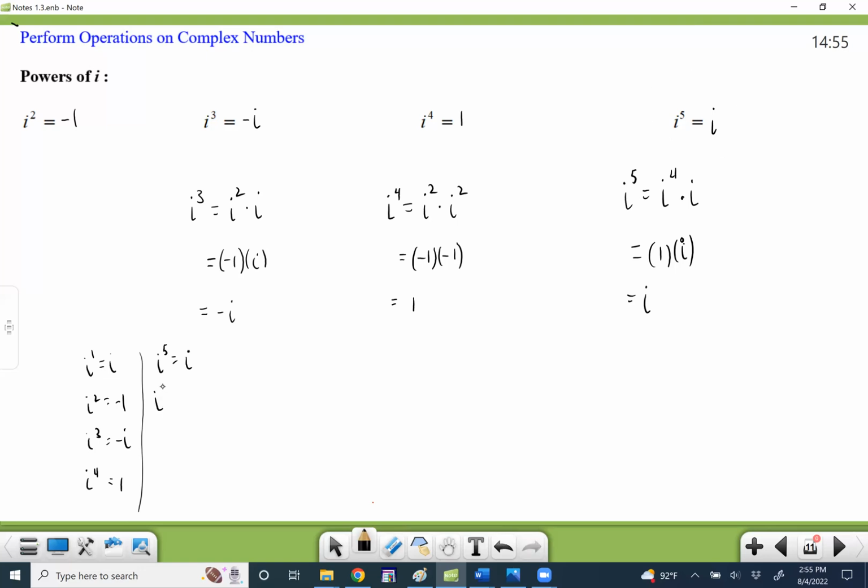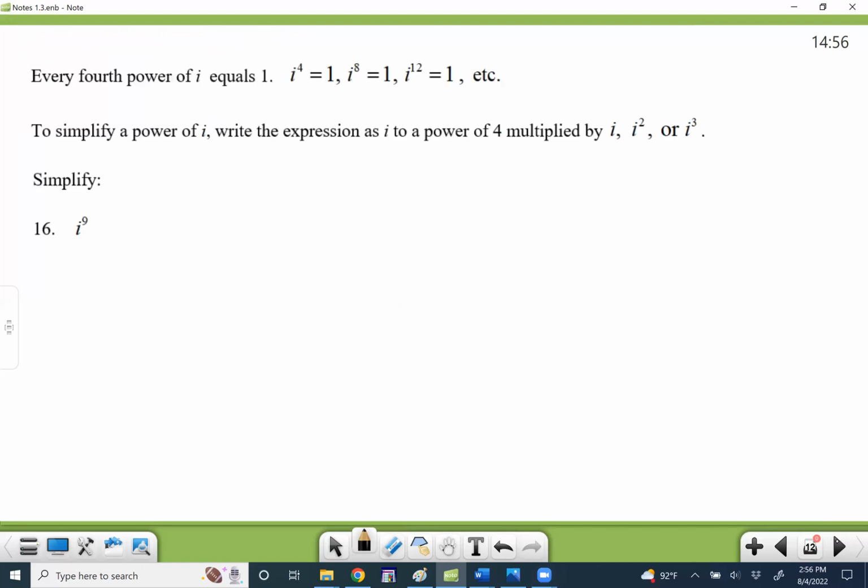And then if you look at i to the sixth, it's going to be negative 1. At i to the seventh, it's negative i. At i to the eighth, back to 1. And they'll just keep repeating this every 4. Okay. So basically, we're going to use that fact to solve some other problems here, okay?